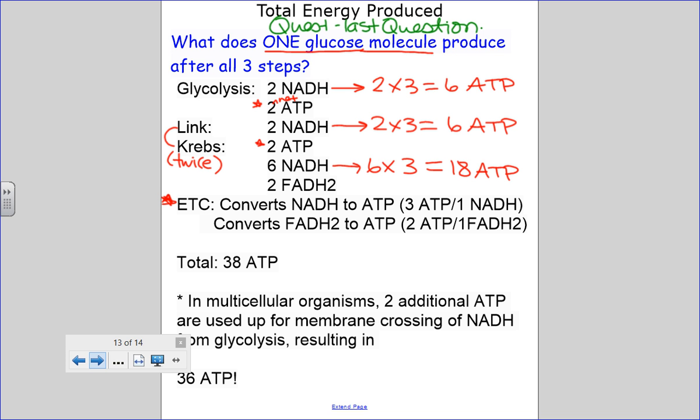I also have 2 FADH2s. And as we illustrate down here, the electron transport chain converts FADH2 to ATP 2 to 1. So for every 1 FADH2, I get 2 ATPs.